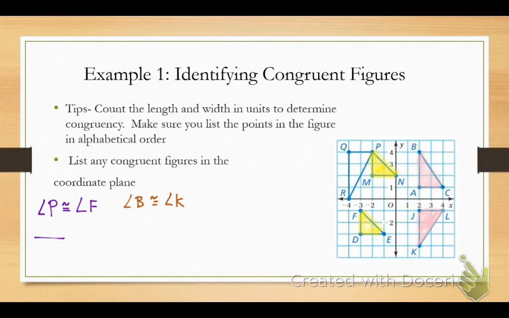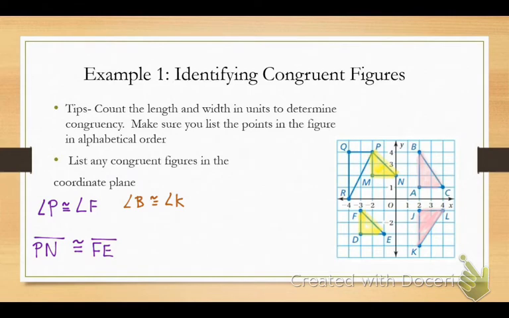So side PN. I need to find a side on its corresponding triangle that would correspond with that side length, PN. All right, do you see a side on the other triangle that's in the same location? All right, what side would that be? FE. FE. Okay, so PN corresponds with FE.